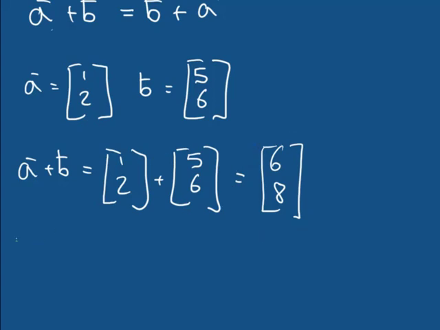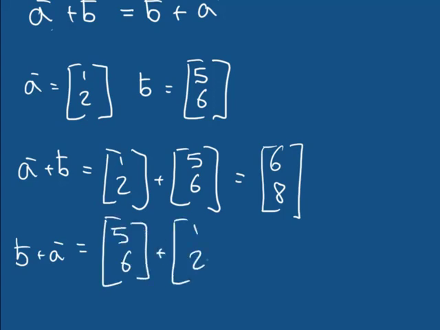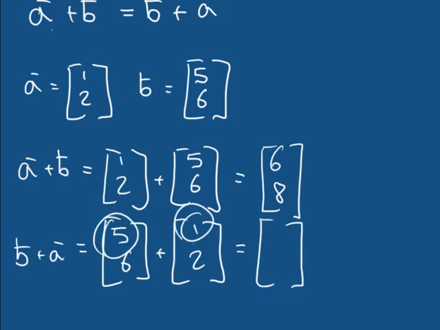We can take B plus A, and that's going to give us 5, 6 plus 1, 2. So we've switched our two vectors around. But of course, because our scalar addition is commutative, we know that 5 plus 1, the first component of our first vector added to the first component of our second vector, is the same as 1 plus 5.